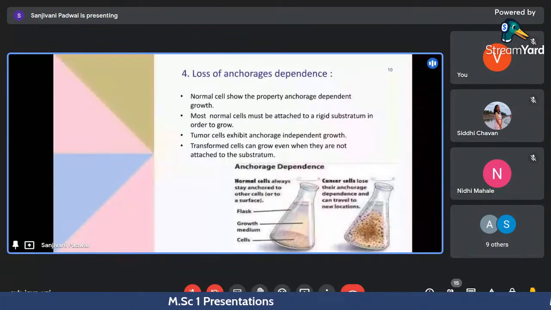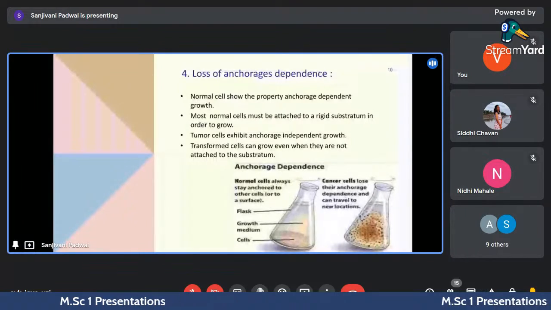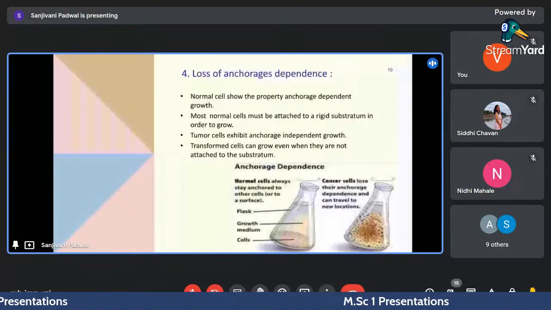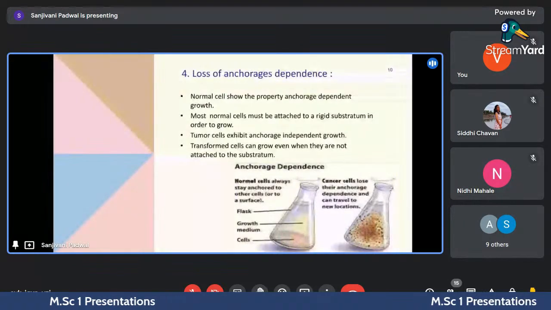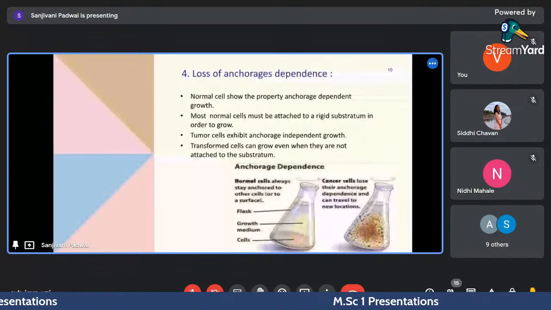Fourth is the loss of anchorage dependence. Normal cells show anchorage-dependent growth, and most normal cells must be attached to a rigid substratum in order to grow. Therefore, normal cells are not able to grow properly in liquid and semi-solid media.